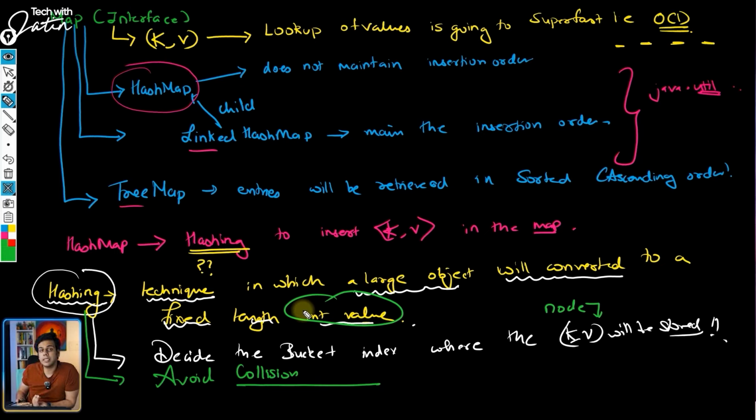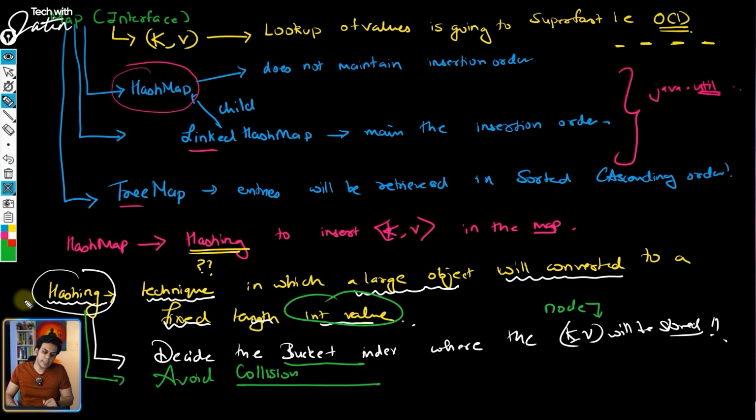Basically, with the help of hashing, whatever hash code is generated is going to help Java understand the bucket index that needs to be used, where the node, the key and the value, will be stored. And one more reason that we use hashing in your hash map is to avoid collision. These are the three core reasons of using hashing.